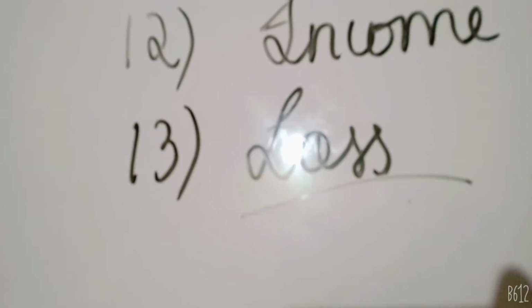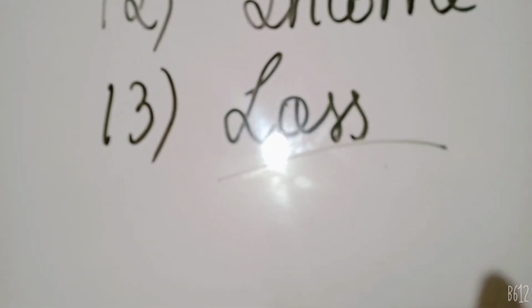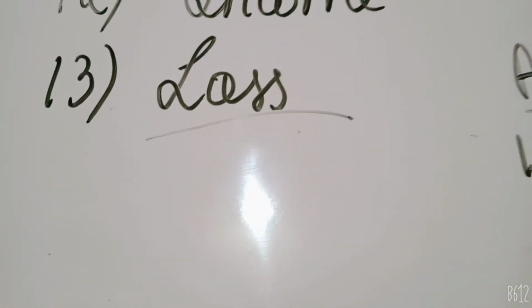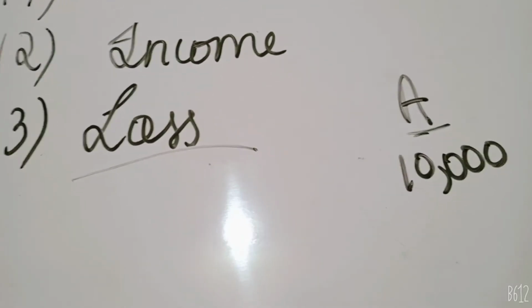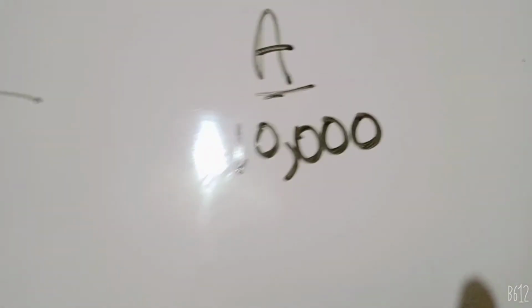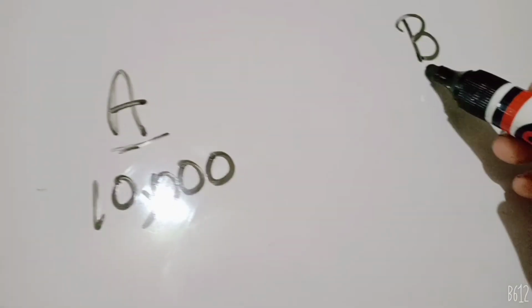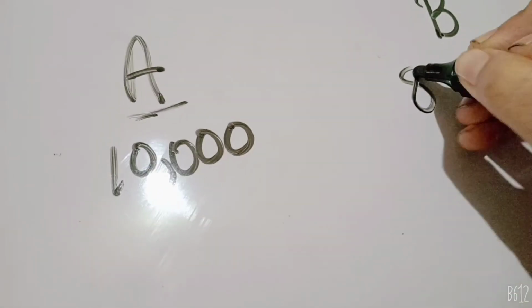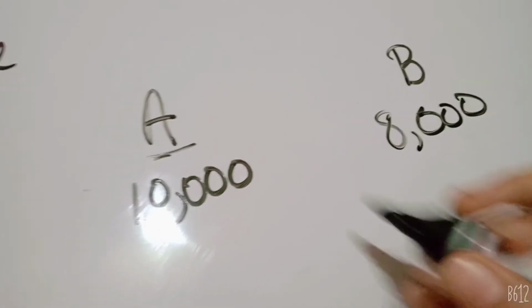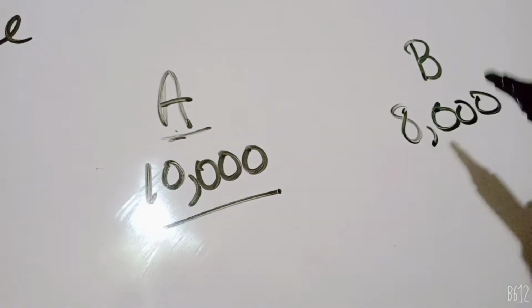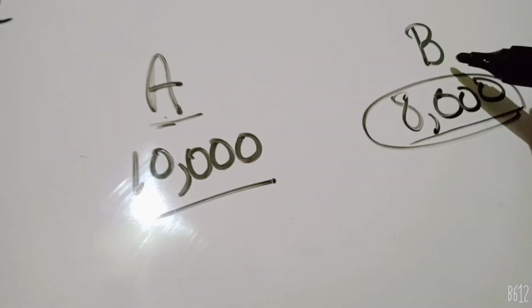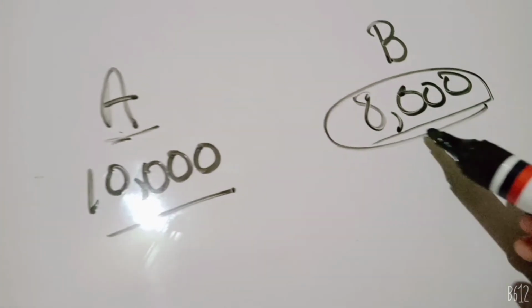Next is loss. So loss is basically when the cost price of the goods is more than the selling price at which it is sold to the other person. Now let's take the example of enterprise A and enterprise B. Now if enterprise A sold goods costing 10,000 to enterprise B for 8,000, we can see that there's a loss.